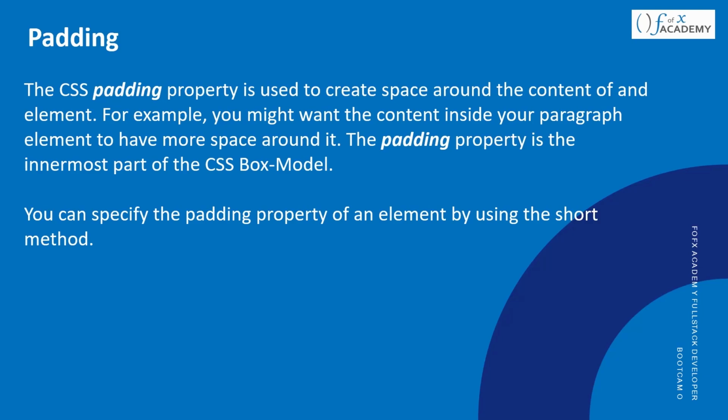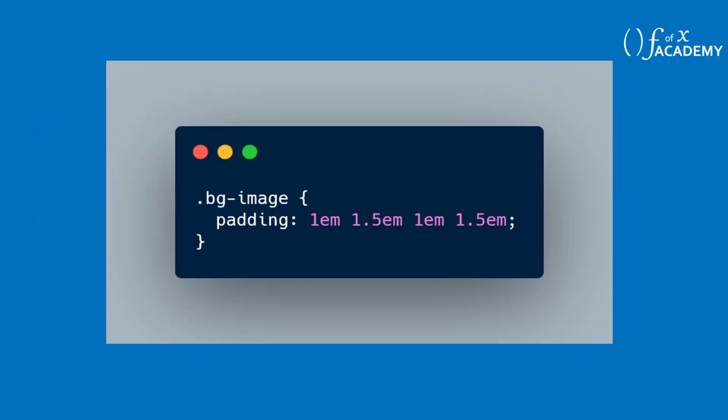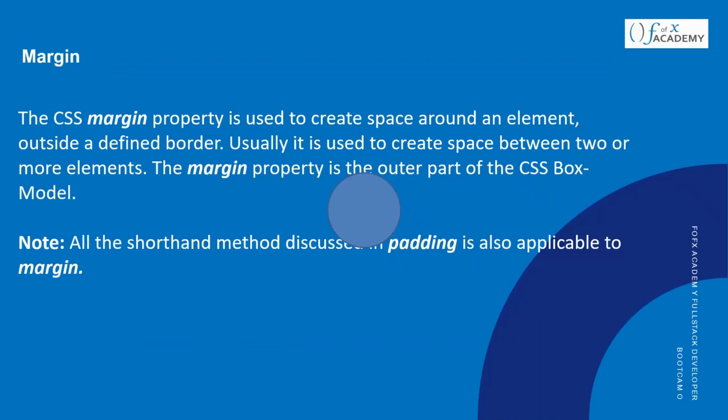How you know that you are adding space inside the element is when you have a background. By the time I'm demonstrating this in code, you will understand better. And this is how you declare padding and all like that. So, margin. The CSS margin property is used to create space around an element outside a defined border. Usually it is used to create space between two or more elements.